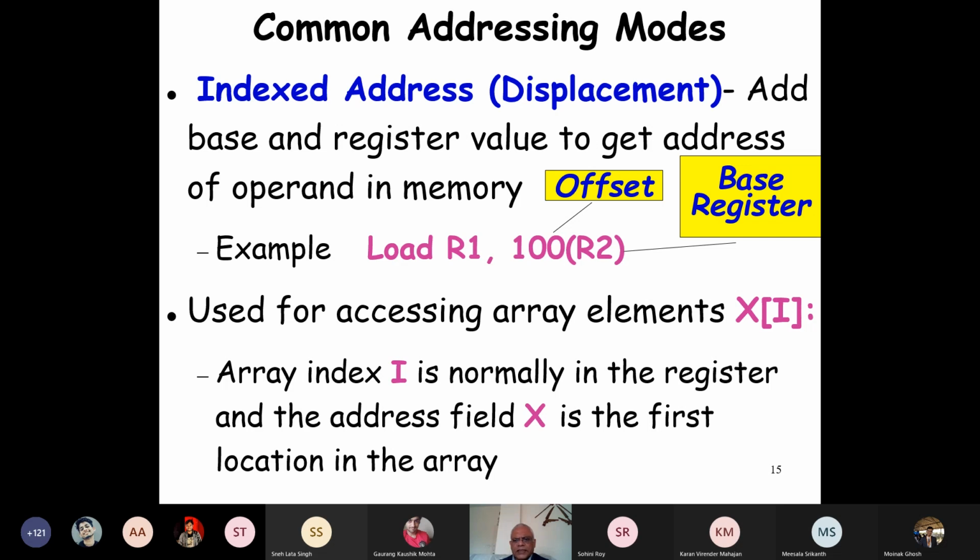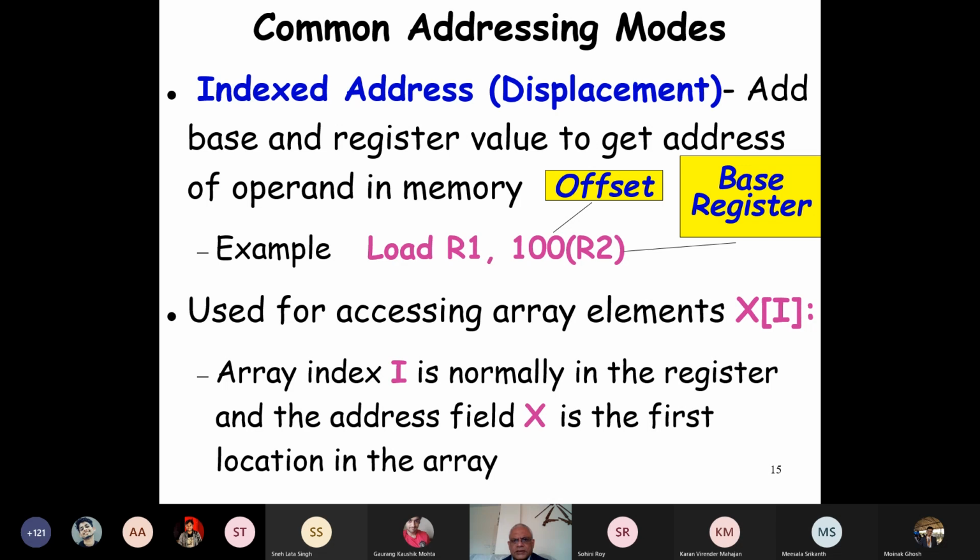If we have an array starting at 100, to access the successive elements of the array, we will initially store R2 as 0, then we'll keep on incrementing R2, and here 100 plus 5 will be fetched into R1, and next time we increment R2 to 1, then 101 will be fetched, etc., etc. So this indexed, or the displacement mode, is very convenient to do operations.